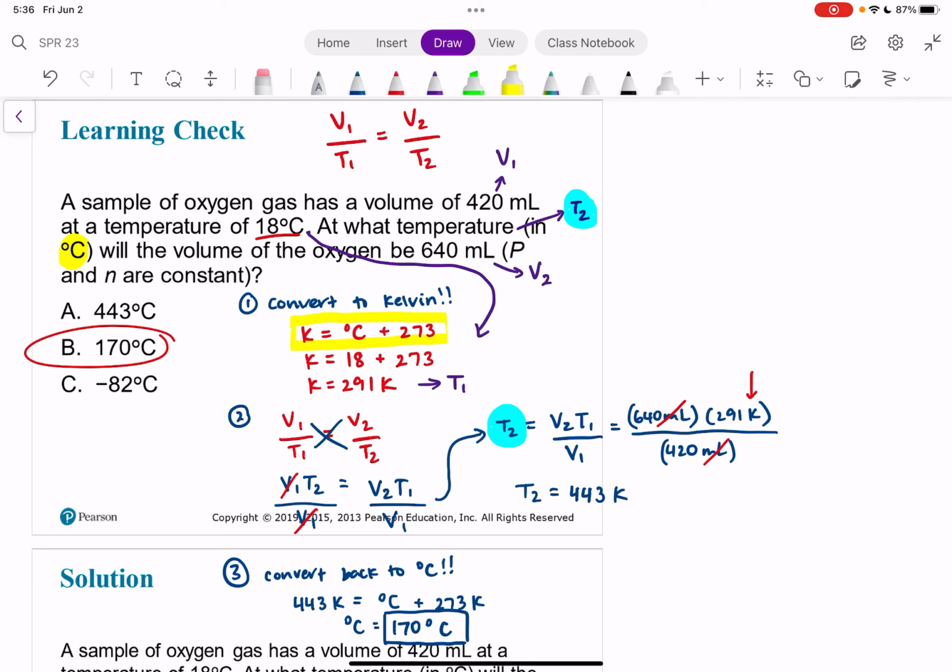And then also, my other big tip is just to look at the units in your equation to figure out what type of gas law you are going to use, okay? So what gas law am I going to use? A lot of times after you label all of the different types of units or variables you have, you can kind of see more clearly which gas law you can use, okay?